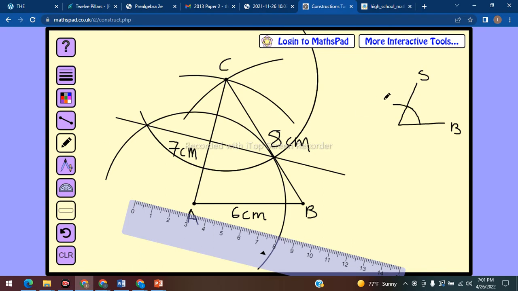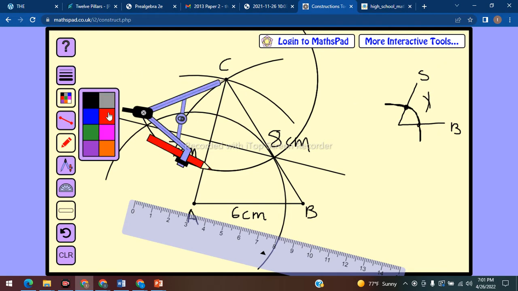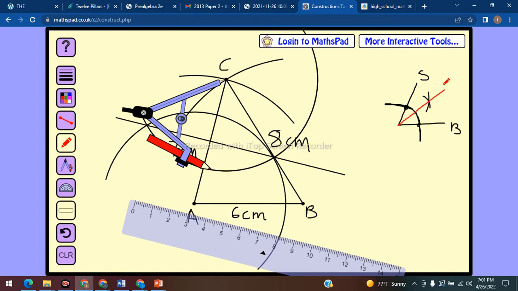Then we go from one point and draw another arc, and go from the next point using the same setting and draw another arc. After that we draw a line in between. See what I'm saying? So that's how we would bisect the angle in general.